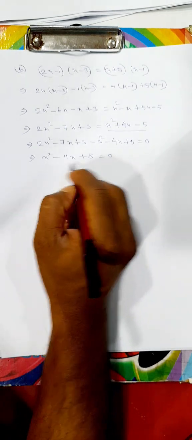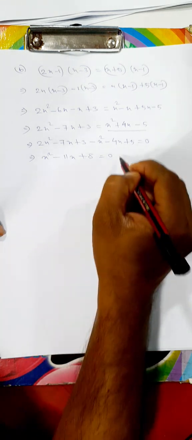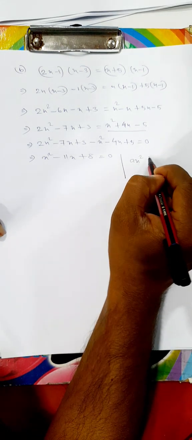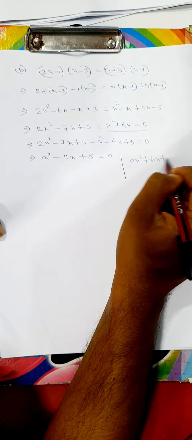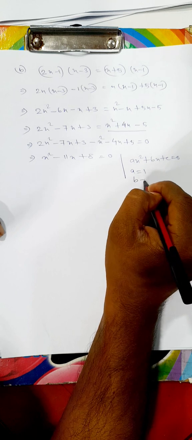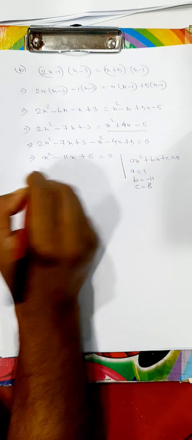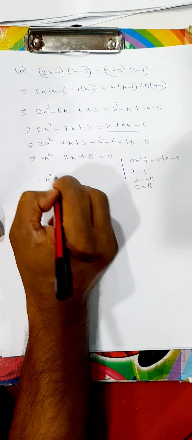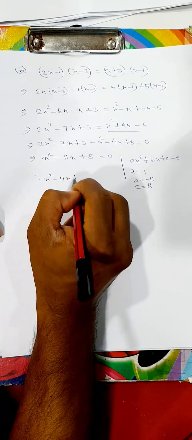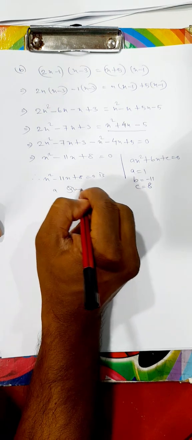We can compare this with standard form, ax square plus bx plus c equal to 0. Here a equal to 1, b equal to minus 11, c equal to 8. Therefore, x square minus 11x plus 8 equal to 0 is a quadratic equation.